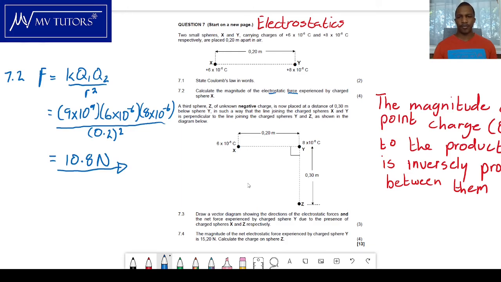Okay, I see that. So 7.3, draw a vector diagram showing the direction of the electrostatic force and the net force experienced by charged sphere Y due to the presence of charged spheres X and Z respectively. Okay, so it's not too bad.